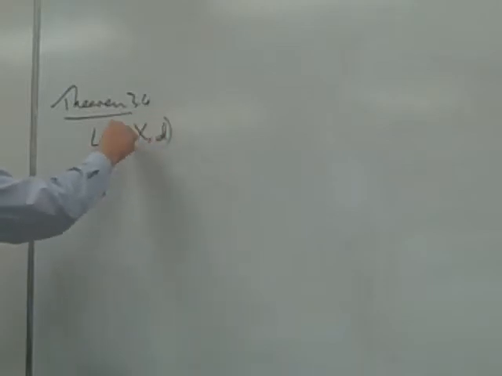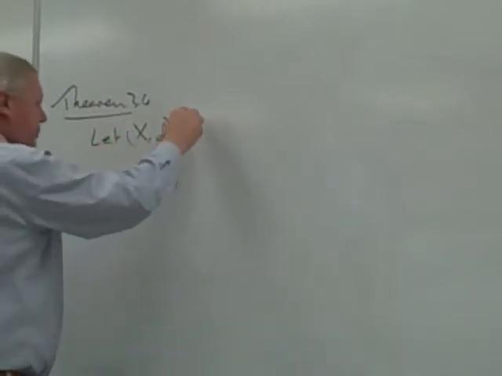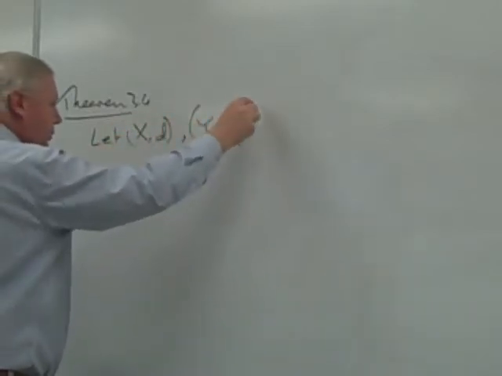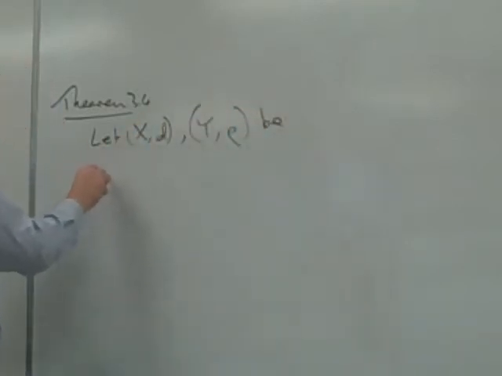Now, in making use of this, the following result is quite useful. So let (X, d) and (Y, rho) be metric spaces.